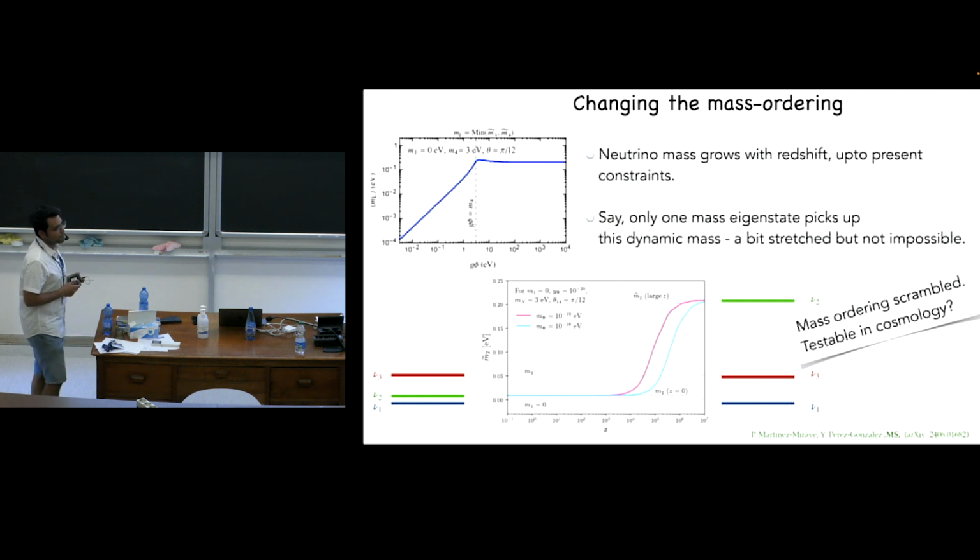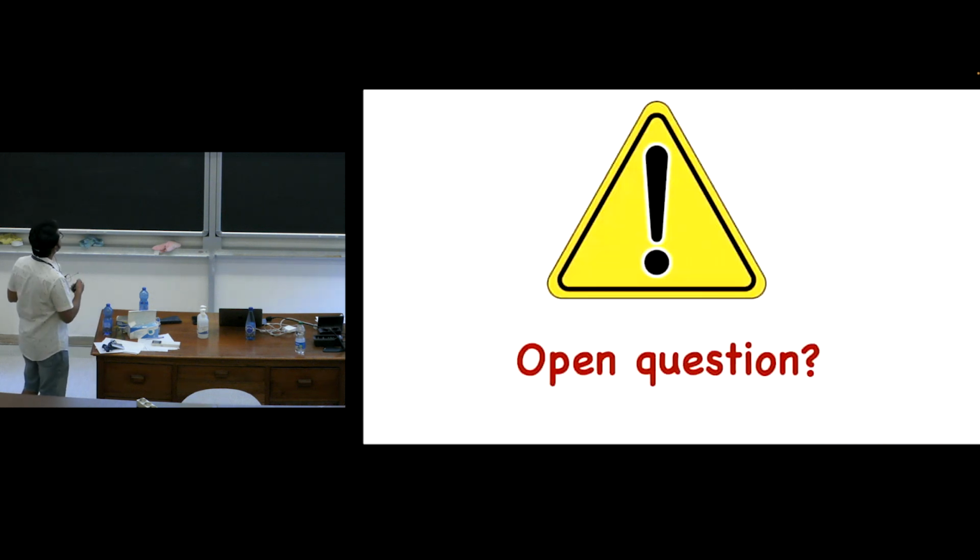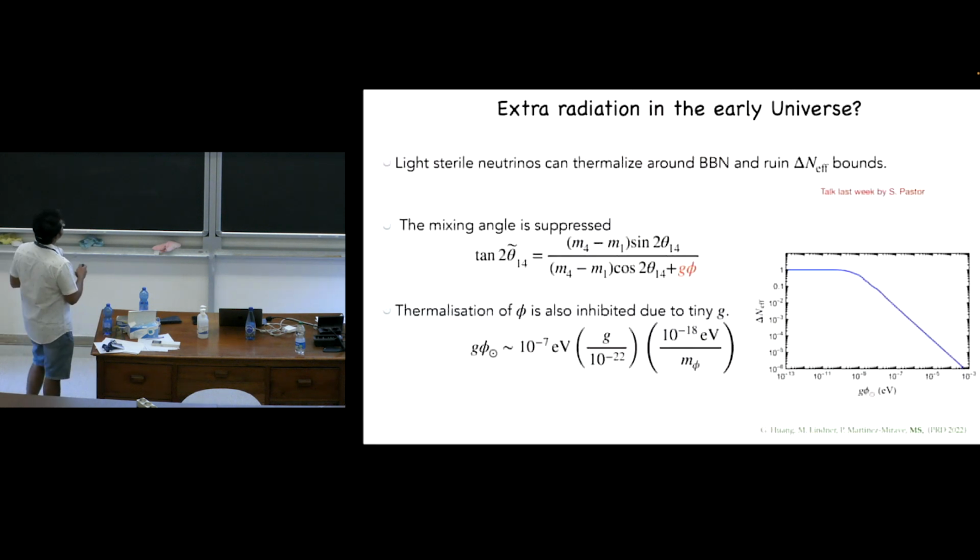Could you please remind me what happens with delta N effective in this case? Delta N effective is not very useful here because what you're measuring is the mixing. Let's say you want to produce sterile neutrinos from active neutrinos via the standard Dodelson-Widrow-like mechanism, by mixing and collisions and so on. That depends on the mixing angle in this medium, and the mixing angle gets a suppression factor from this coupling.